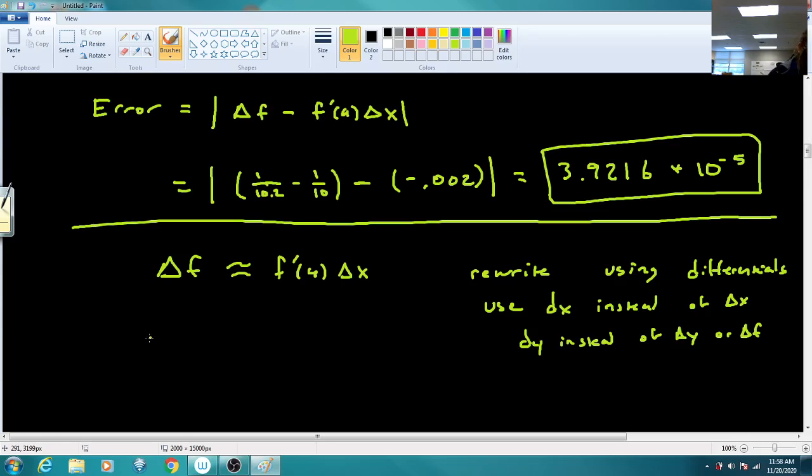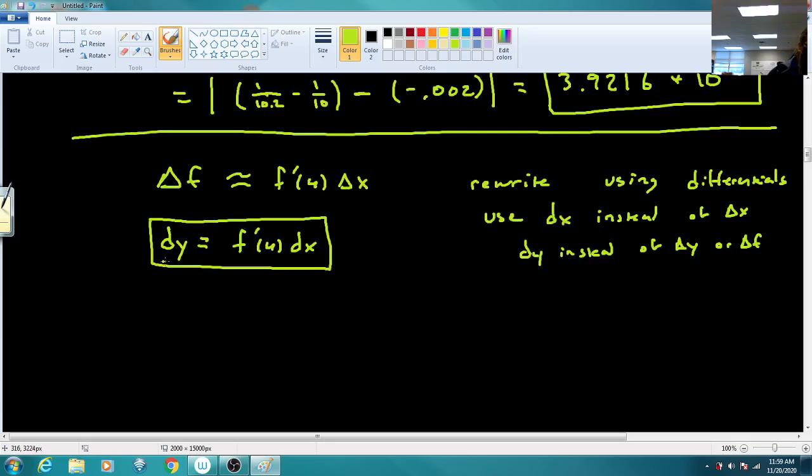They give us the statement here that the differential dy is equal to f prime of a dx. So we have that statement there. And then they say we can approximate delta y. Delta y is approximately dy, the differential dy.